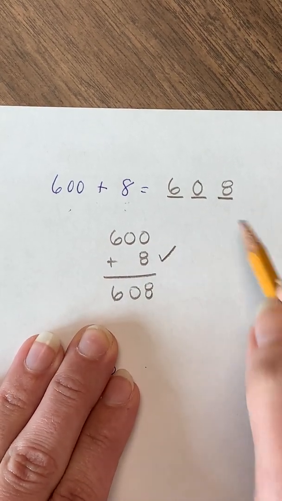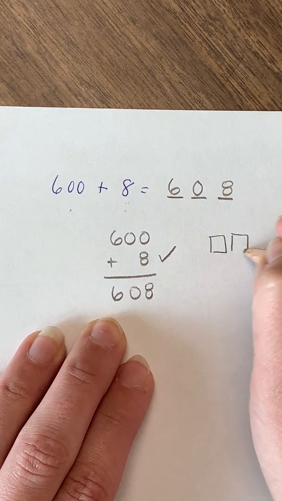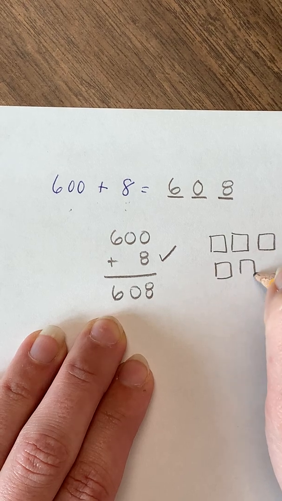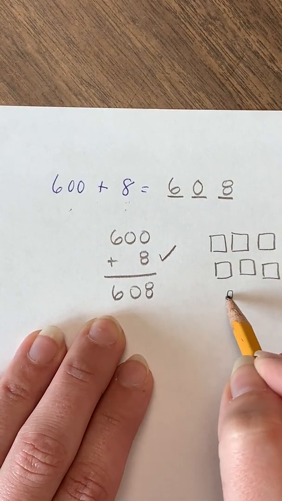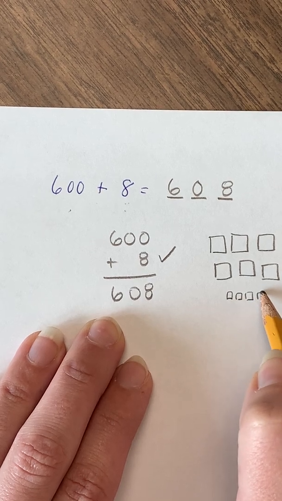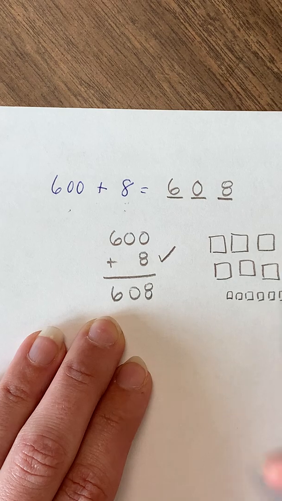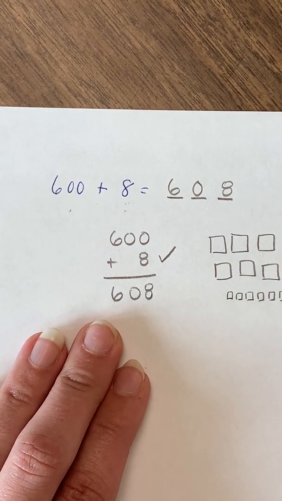I can check my work. I can even draw my pictures. 600s. 0 tens, 8 ones. 600s and 8 ones. Check.